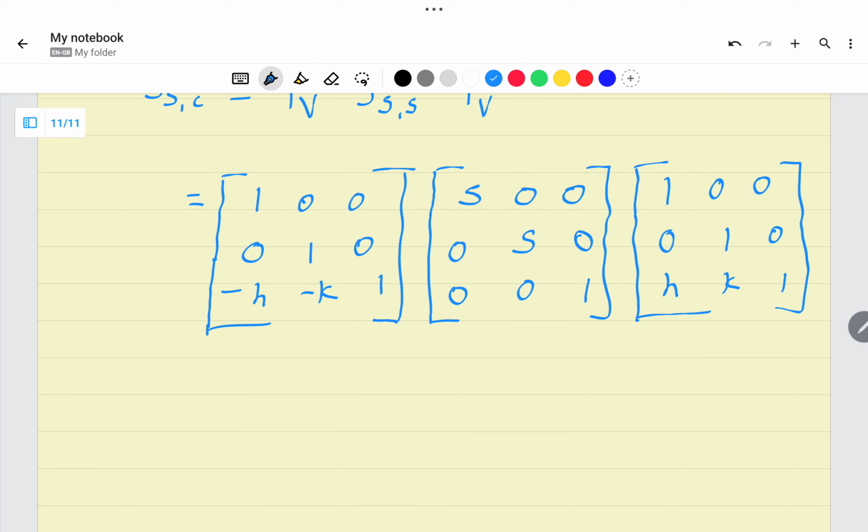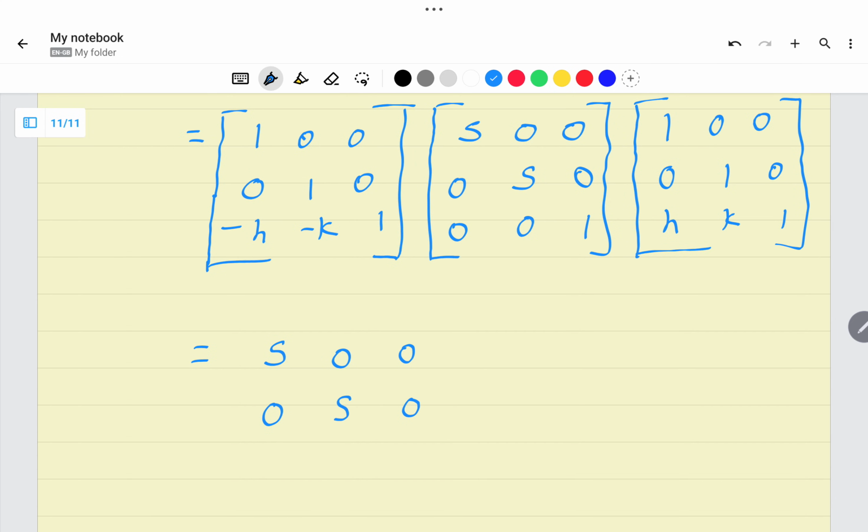Let us do this multiplication step by step. First, multiply matrix 1 with matrix 2: s 0 0, 0 s 0, minus hs, minus ks, 1.